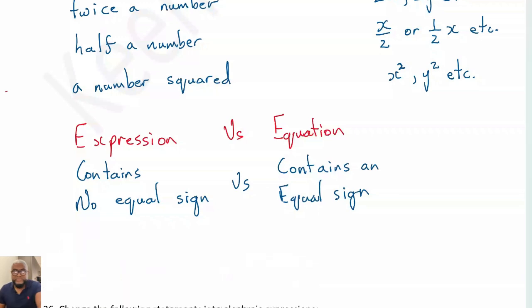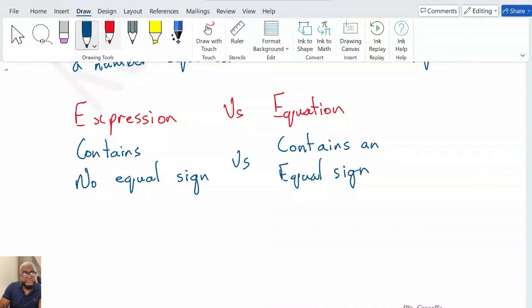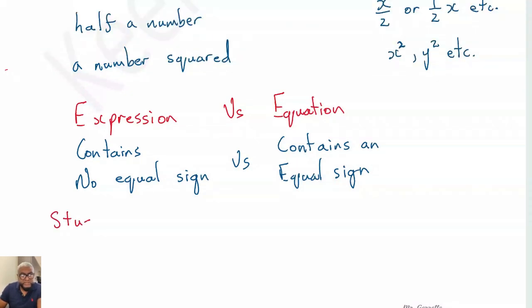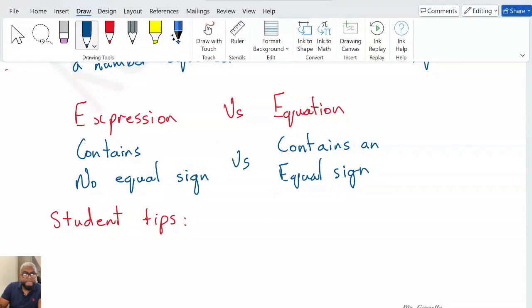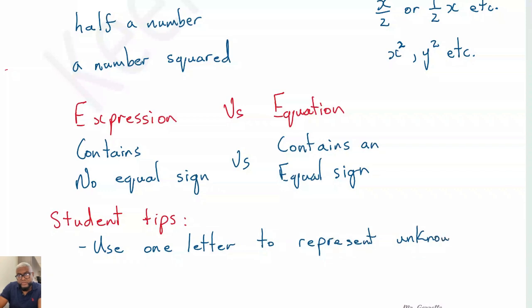So I'll just give you all some tips before we jump into it also. So we'll just give some student tips. Use one letter to represent the unknown.